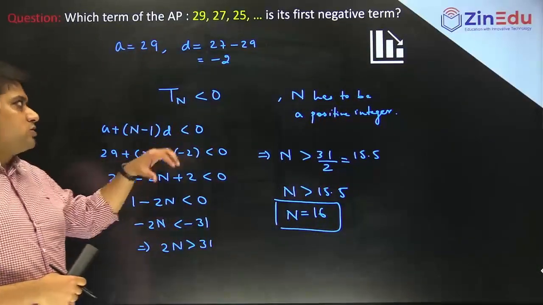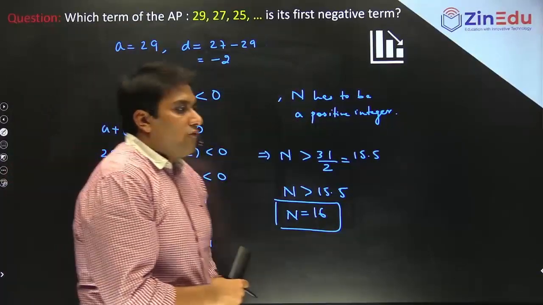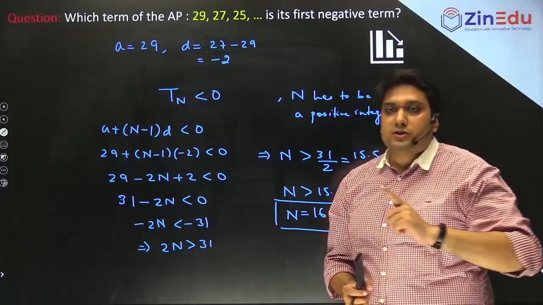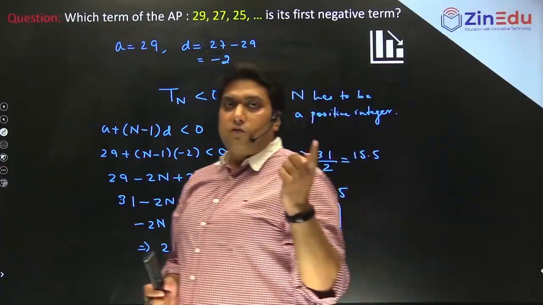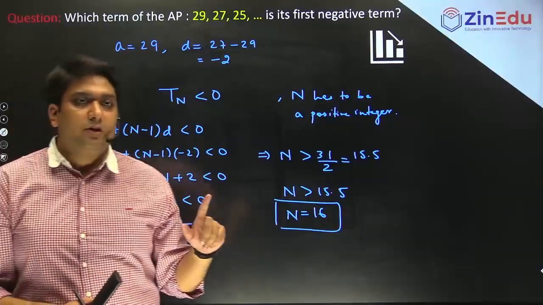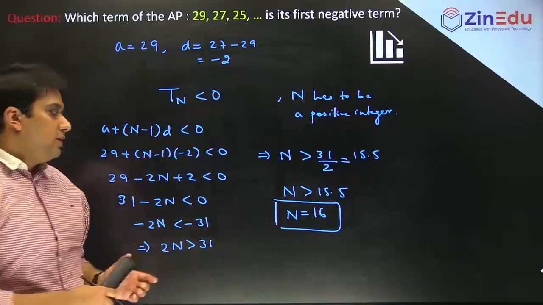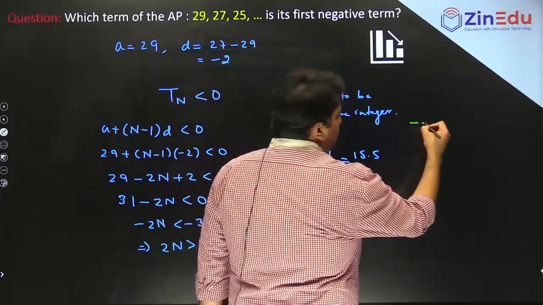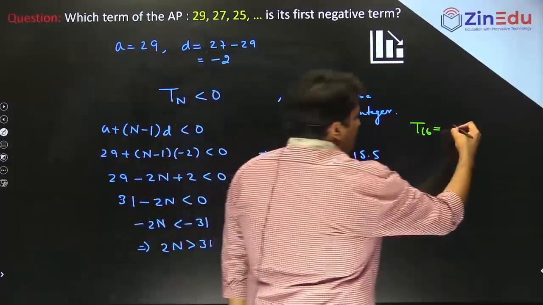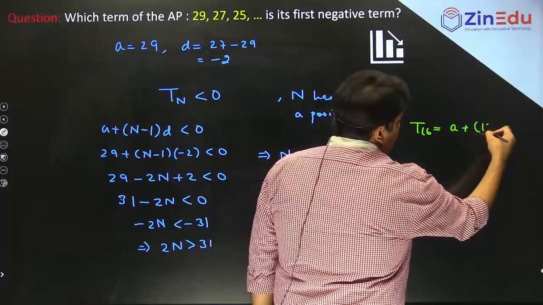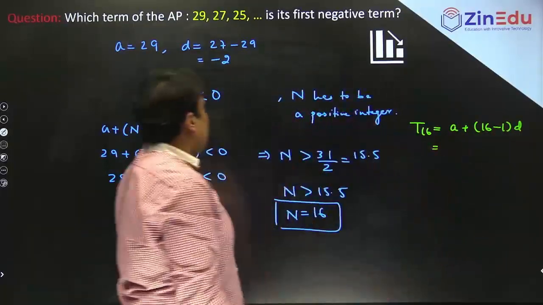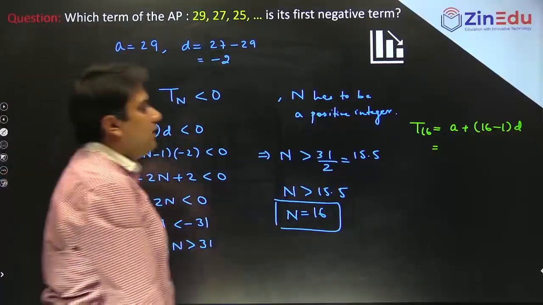Now suppose the question also adds on, find the first negative term as well. There are two questions in this case: which term of the AP is its first negative term, and then find that term as well. So we just need to solve for T16. That would be a plus (16 minus 1) into d.